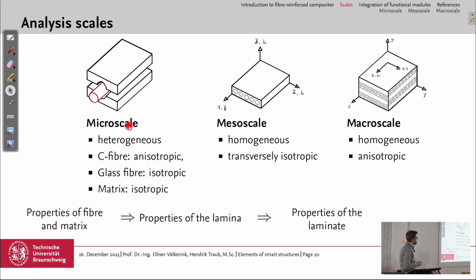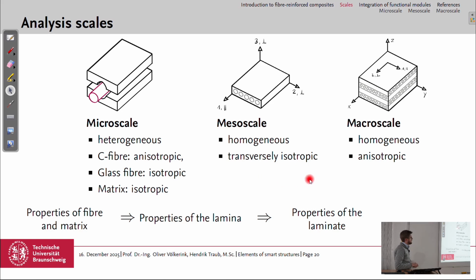So if you look at the microscale, we have a heterogeneous material. For example, carbon fibers are anisotropic or glass fibers are isotropic, and with an isotropic matrix, we need the properties of fiber and matrix to describe this. If we want to go to the mesoscale, then we have a homogeneous material. So we don't look at the fiber and the matrix, but at the single ply overall.